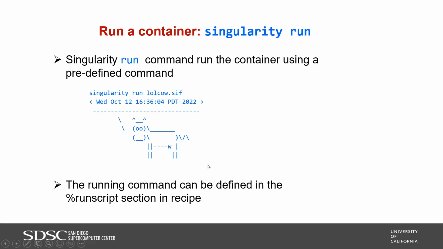It will run a certain predefined command inside the image and then give me the results. And this running command can be defined in the run script section in the recipe. So if you wish to define some command that is available to Singularity run, you can add a section in your recipe.